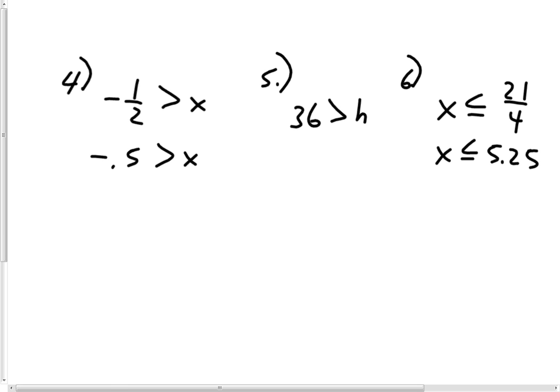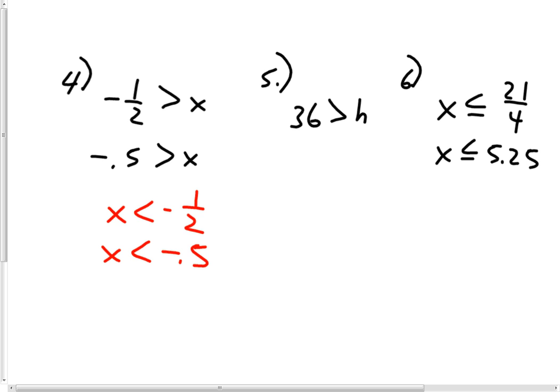It's okay to have your variable on the right-hand side, but you've got to be ready if your answer looks like this, or this, all of those are potential answers. What you have to be careful of is what shows up on a multiple choice test.